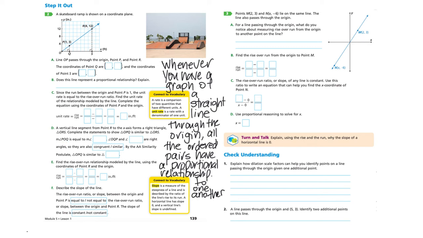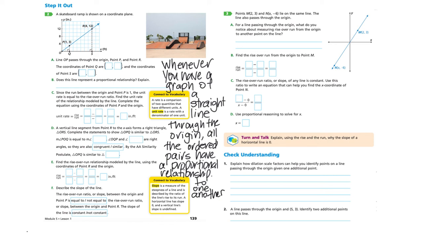The measure of angle POQ is equal to the measure of what angle? And then here the measure of angle OQP and angle what are right angles, so they are also congruent. Then by the Angle Similarity Postulate that you learned previously, triangle OPQ is similar to triangle what?